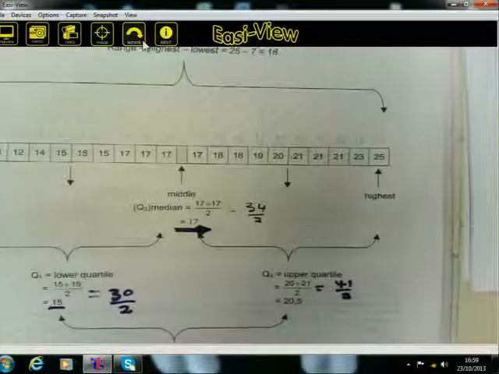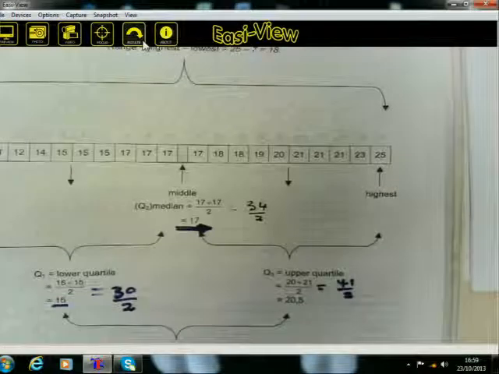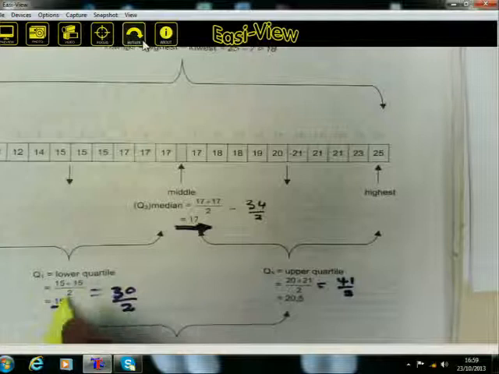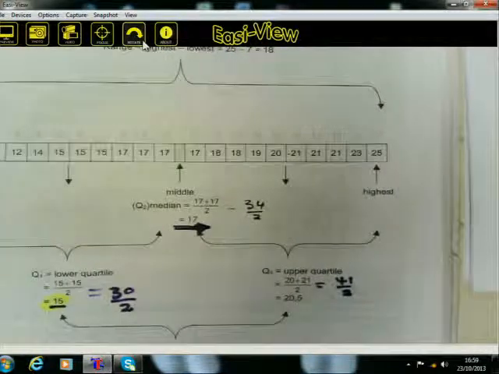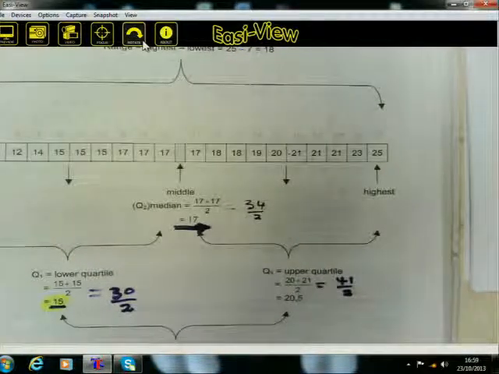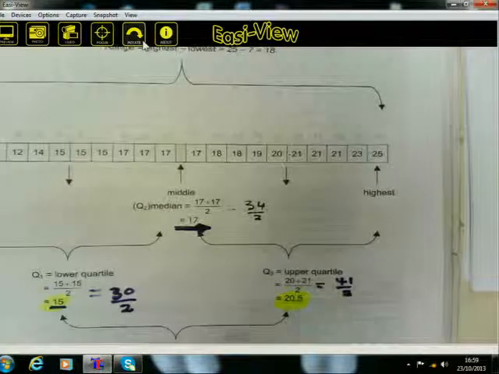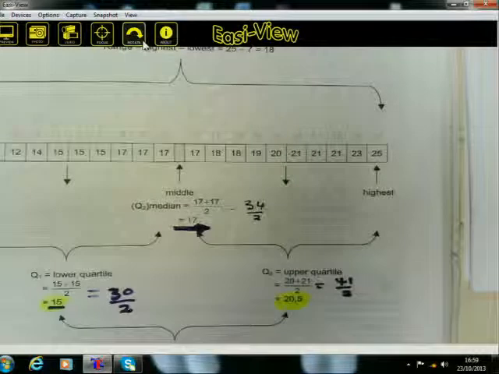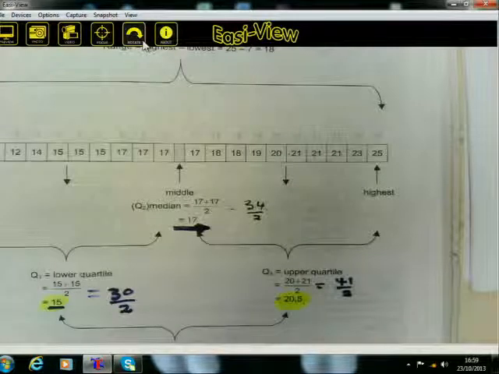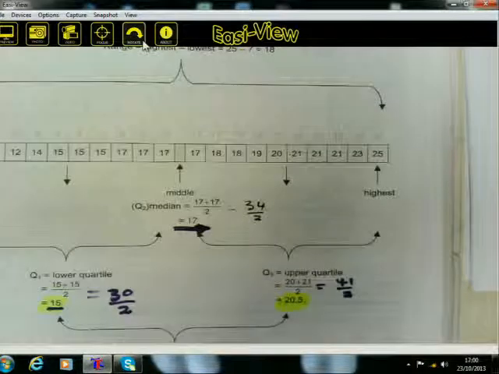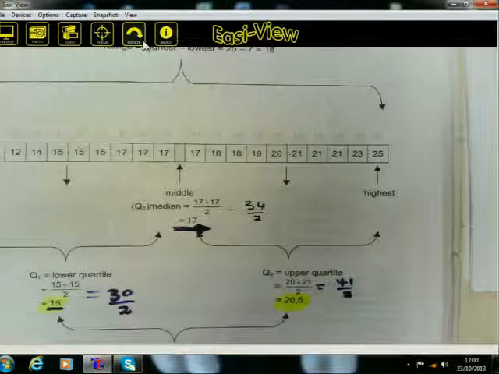Let's go back to our data. What is our Q1? Our Q1 is 15. What is our Q3? Our Q3 is 20.5. Do you see? Now, what must I do? I said the interquartile range is the difference between the third and the first quartiles.